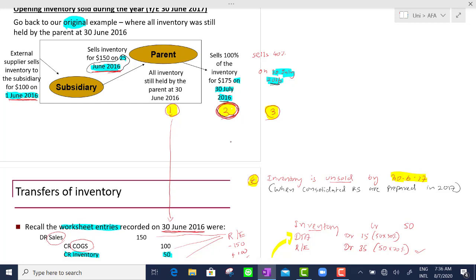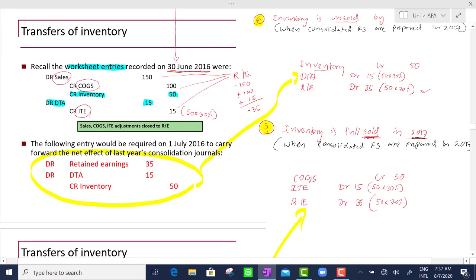So even though it is fully sold to the external customers, we need to make an adjustment for the consolidation. Okay? There is no unrealized profit, but some line items like sales and cost of sales are wrong. So we wanted to make an adjustment even though the intercompany sale of inventory has been fully sold to external customers before the end of the current year.